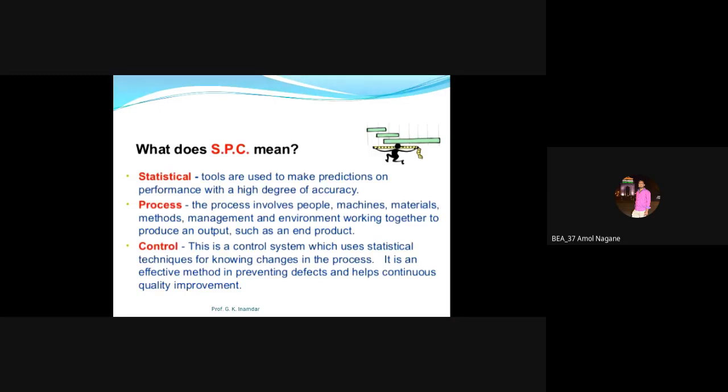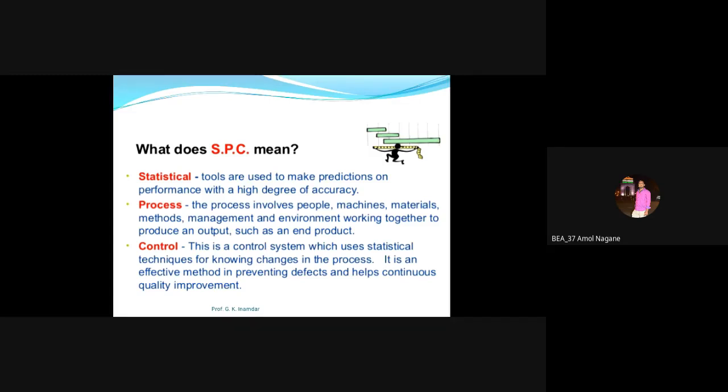So for that purpose, which tools can we say are accurate? In the market, a number of tools are available. Which is suitable for us? According to that, we can take the decision of selecting. Tools are used to make predictions on performance with a high degree of accuracy. This is nothing but the statistical meaning.